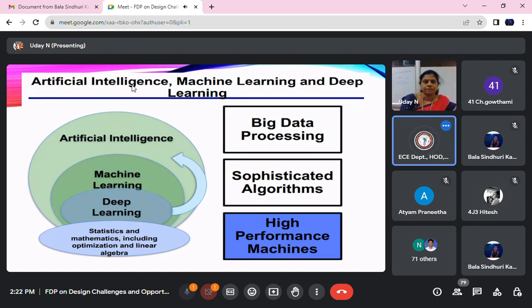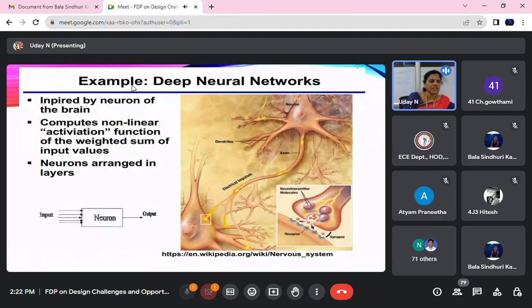Okay, madam. Right. So, these sophisticated algorithms can be implemented only on high performance machines. Now, before we understand the VLSI architectures for the implementation of deep neural networks, let us walk through the fundamentals of deep neural networks and have a little understanding of what a deep neural network is, starting from a neuron.